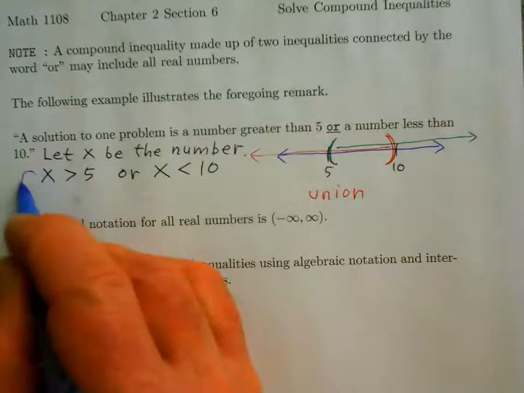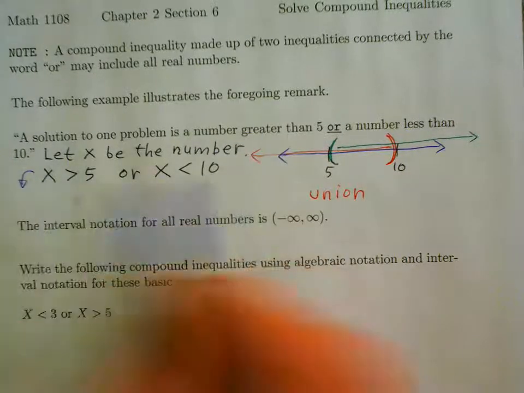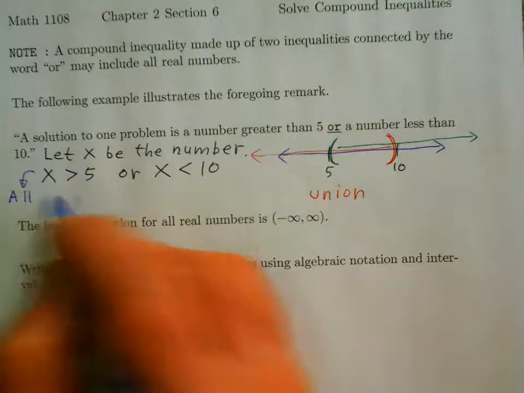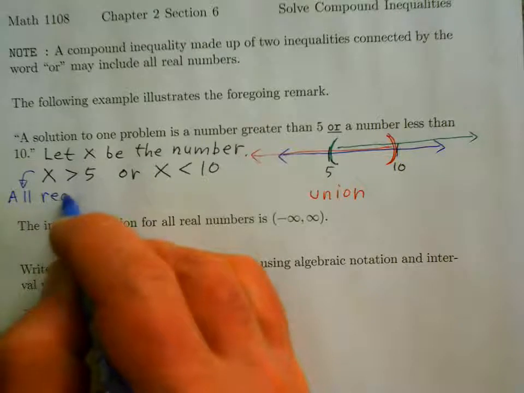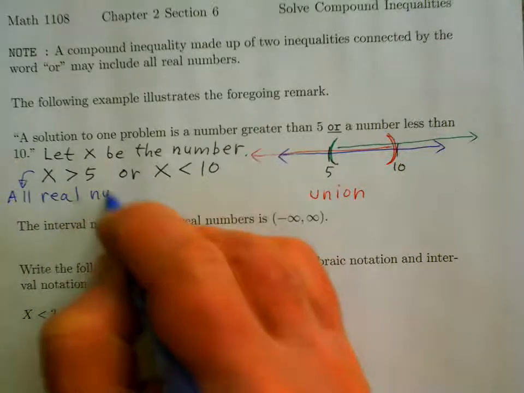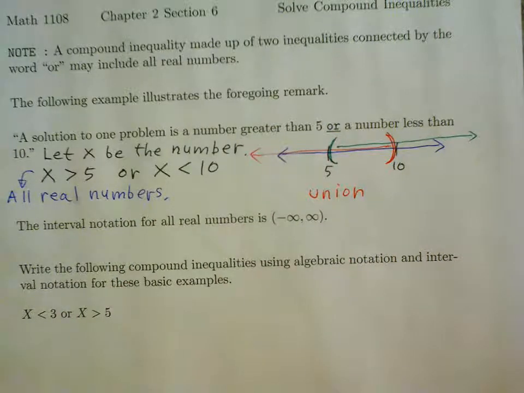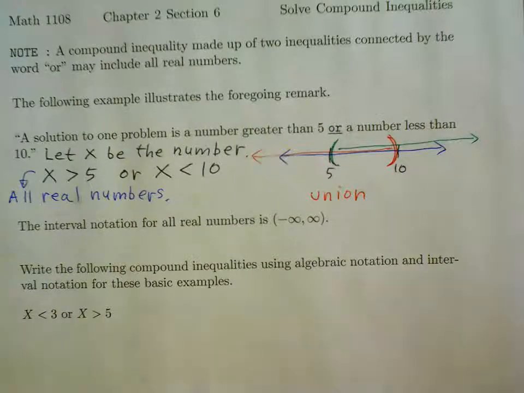Okay, so in the software, you'll have a choice in a case like this. All real numbers are solutions. Or if it's a written test or a quiz, then you would write all real numbers.